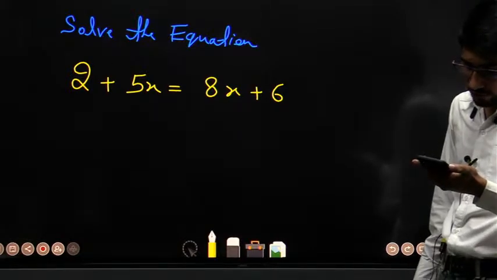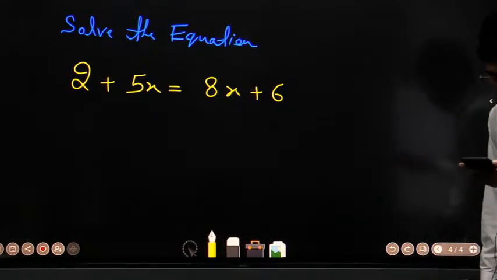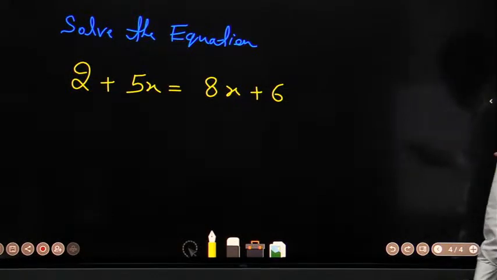In that you have to find the value of x and write the correct answer in the comment section.